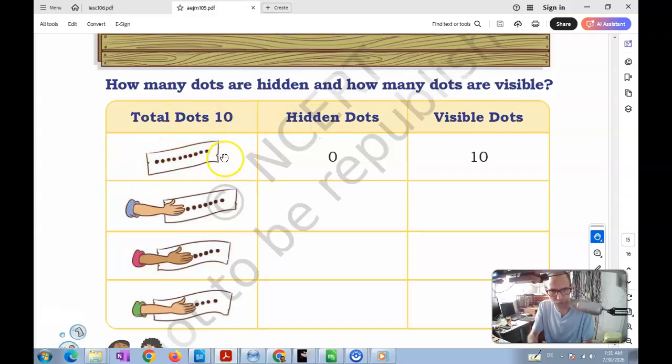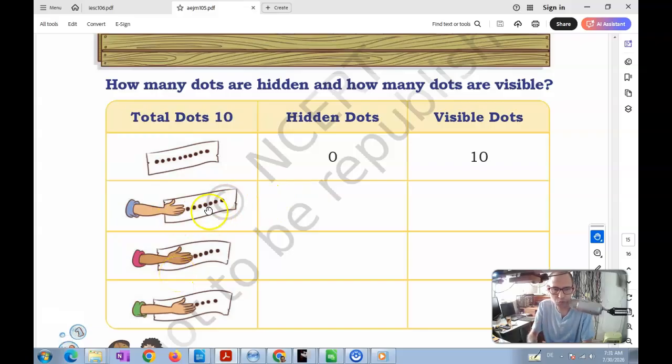So when no dots have been hidden, of course there's 10 dots on the strip, and all 10 of them are visible. So the hidden dots would be 0, and the visible dots would be 10, right? Now if you hide some, we know that a number of dots have been hidden, but we don't know how many.